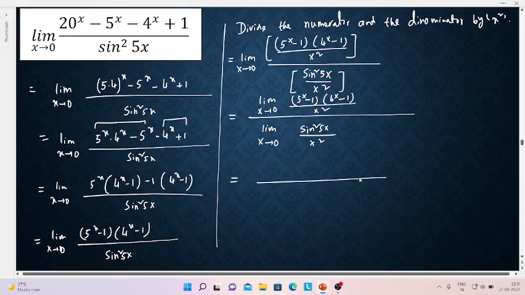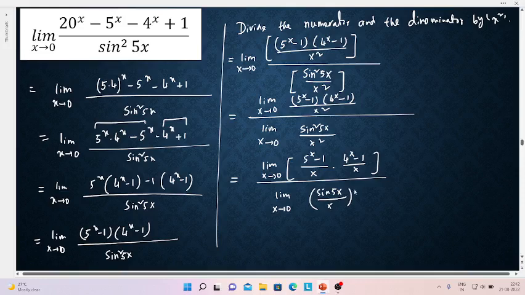Now that numerator can be written as 5 to the power x minus 1 over x times 4 to the power x minus 1 over x. Similarly the denominator can be written as limit x tends to 0 of sine 5x over x, whole square, right?